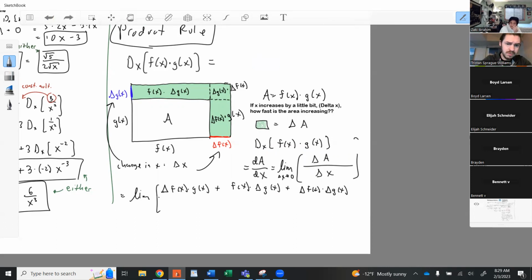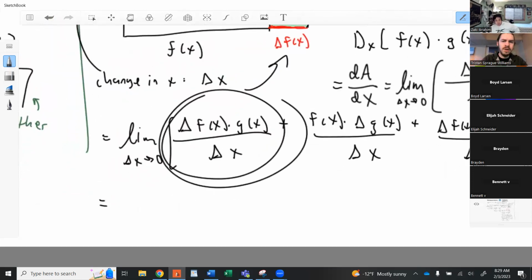What I actually want to do is divide this by delta x, and this by delta x, and this by delta x, as delta x approaches 0. You see how dividing the entire thing by delta x, I can distribute that division across the three different parts, right?